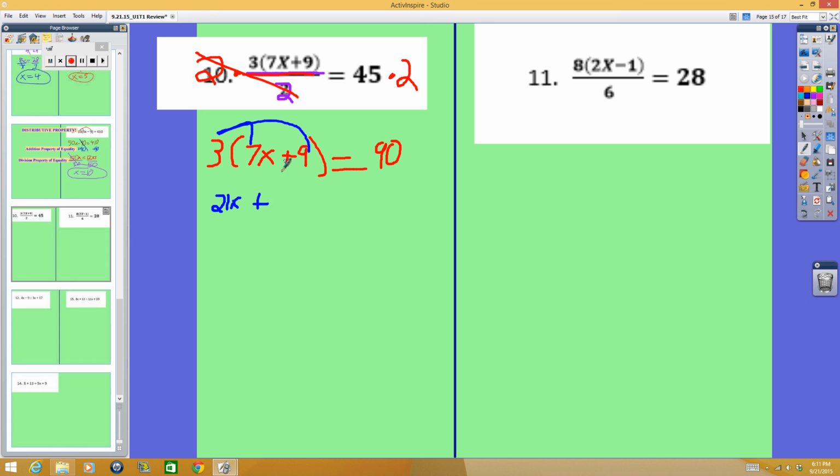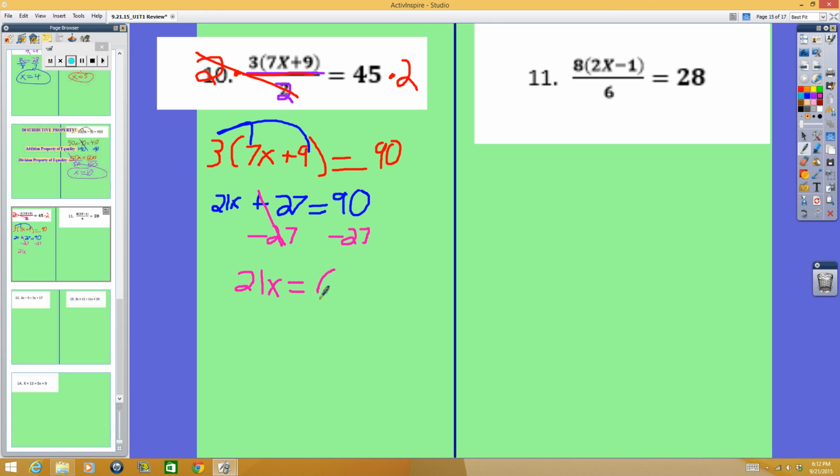I got my plus. 3 times 9 gives me 27. I didn't do anything to this, so I'm just rewriting it with my beautiful handwriting. Don't hate. Opposite of plus 27 is to subtract it. I didn't do anything with this, so I've still got my 21x. This whole thing right here, that's all gone. It canceled out.